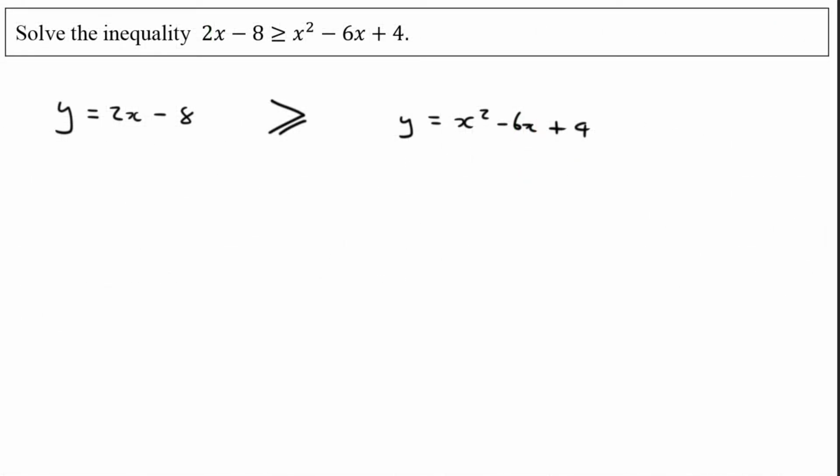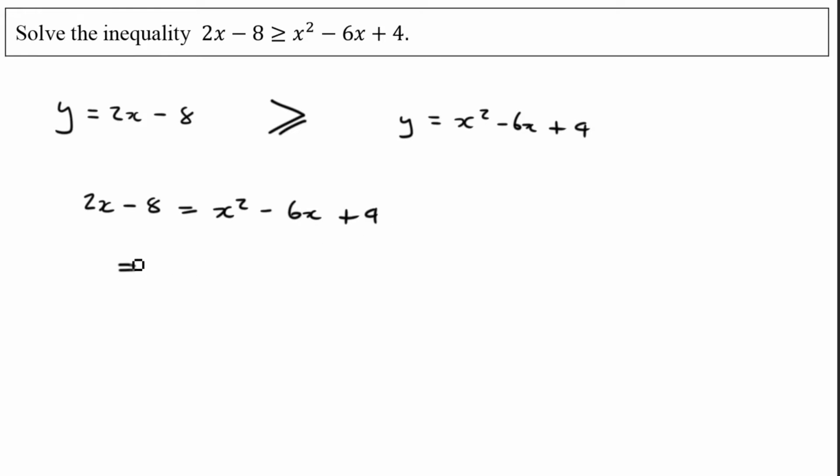What we will therefore need to do is to identify what those points of intersection are. Well, we only need their x-coordinates, so we need to solve the equation 2x subtract 8 is x squared subtract 6x plus 4.